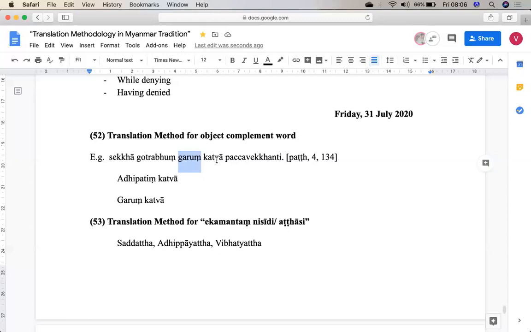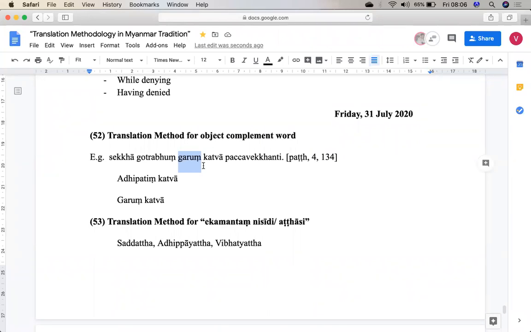Here the object complement is not related to the main verb. So for it the verb katvā, the gerund form, exists, or we apply it in Pāḷi.